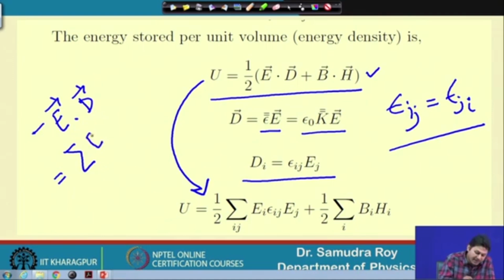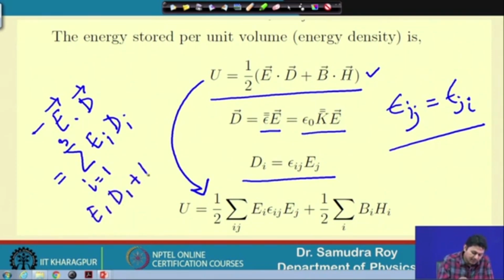In component form, it will be the sum of Ei di, with i running over x, y, z, that is 1 to 3: E1 d1 plus E2 d2 plus E3 d3, where E1 d1 is the x component, E2 d2 is the y component, and so on.